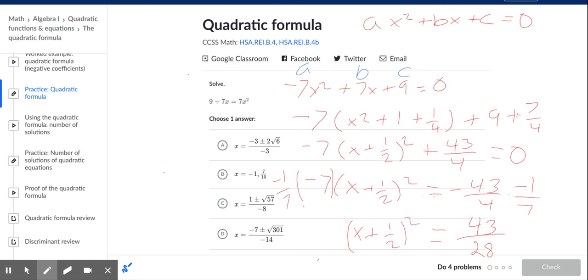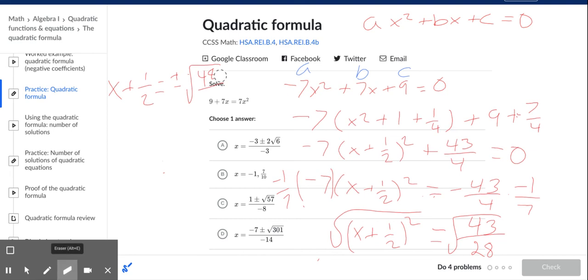So now that I have the squared thing by itself, I can take the square root of both sides. So I have x plus 1/2 equals plus or minus the square root of 43 over 28.